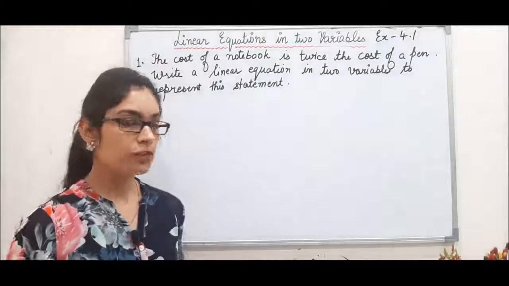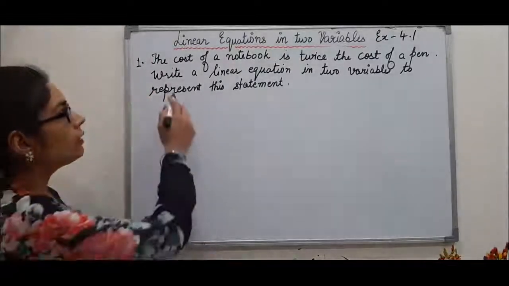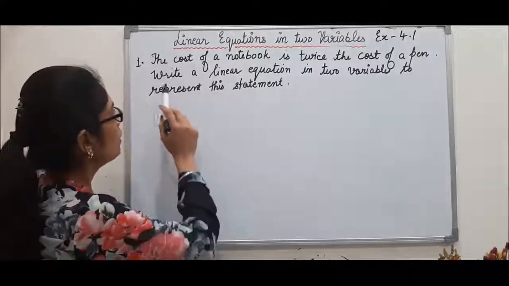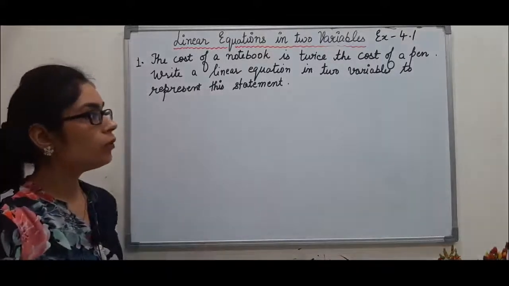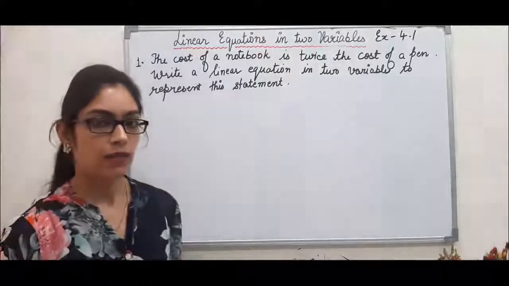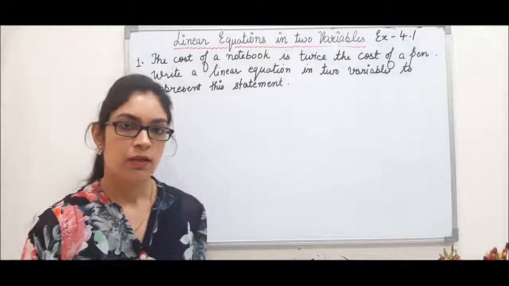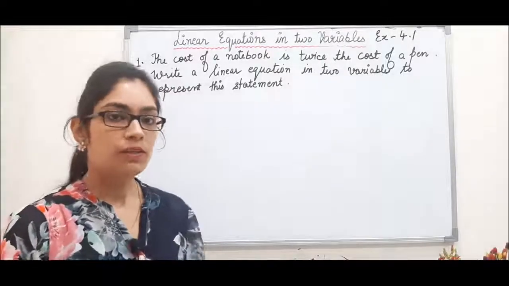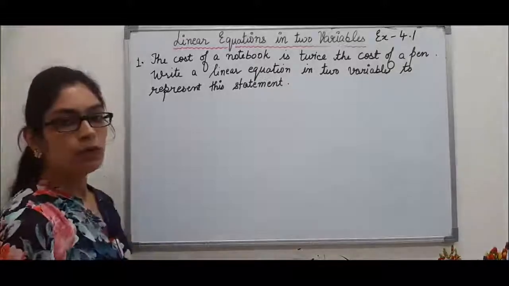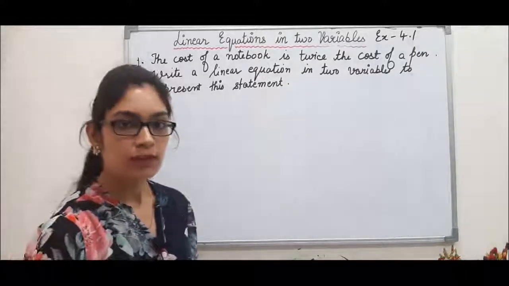The first question of the exercise is, the cost of a notebook is twice the cost of a pen. Write a linear equation in two variables to represent this statement. Like I have already told you, we discussed the example of the number of girls and boys in a class and the total number of students. Same thing, there two scenarios were the number of boys and the number of girls.